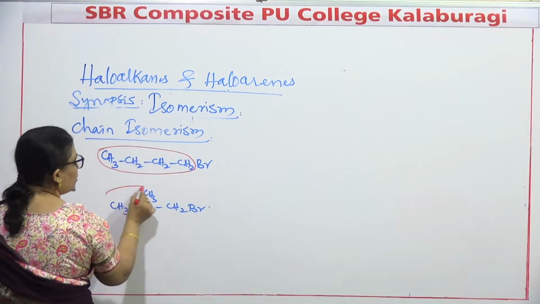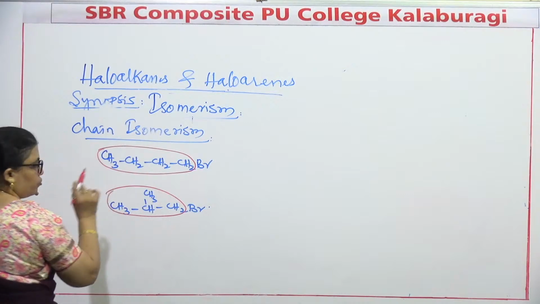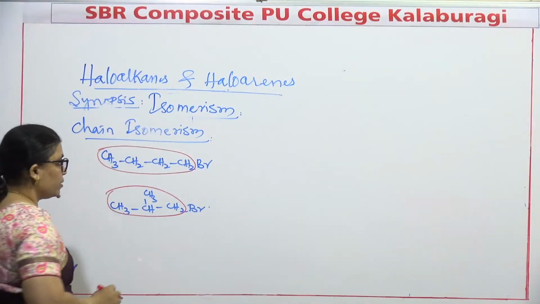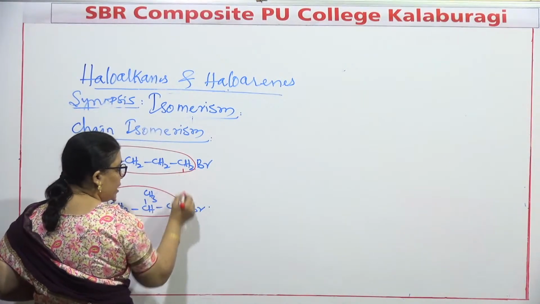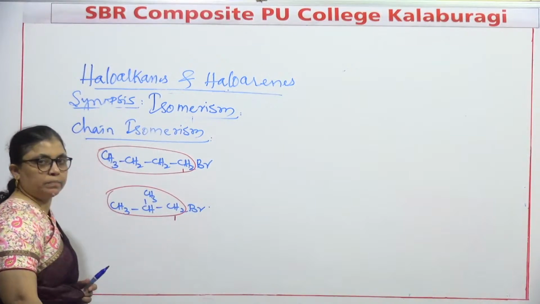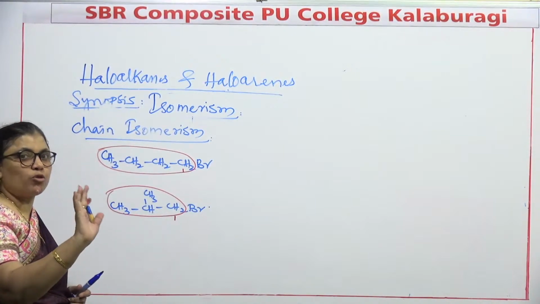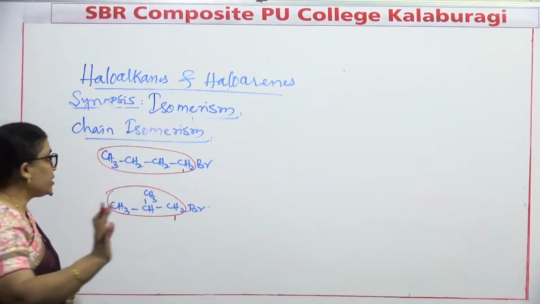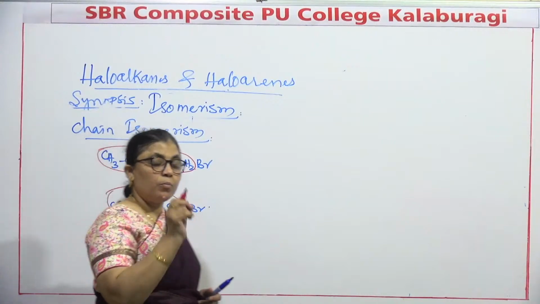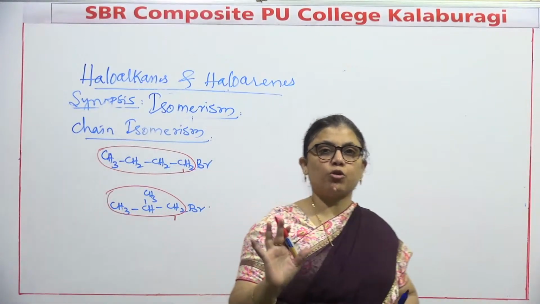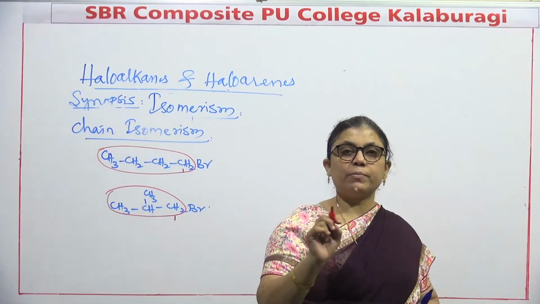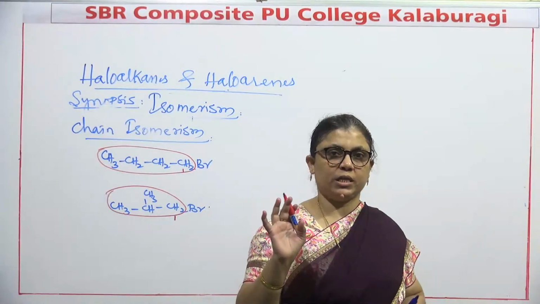This is normal and this is iso. But the halide group must be linked to the first carbon atom only. The position of the functional group should not change; only the arrangement of the carbon chain has to be changed.